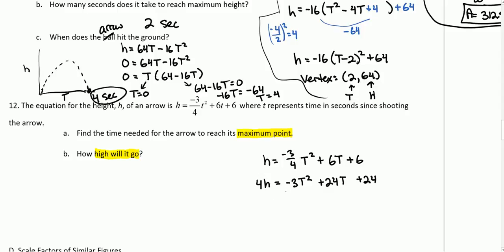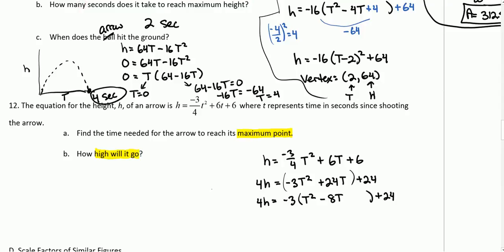And then I'm going to factor out the negative 3 from the first two terms and get 4h is negative 3 times (t squared minus 8t). Leave a little room to complete the square, keep the positive 24 at the end.